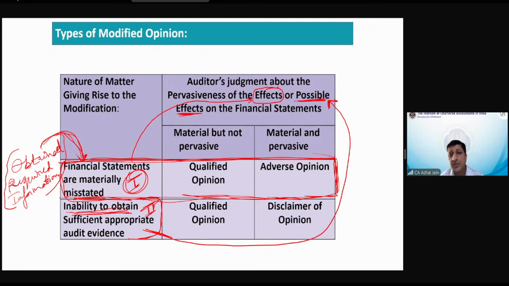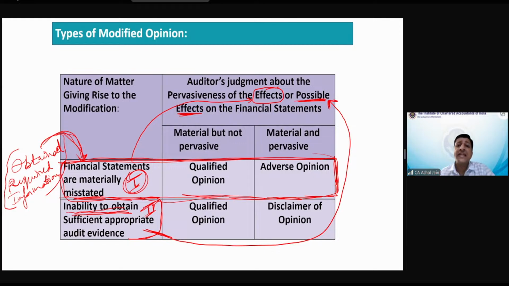The auditor has requested for the information. He has obtained the required information. He has got to the conclusion that there is a material misstatement in the financial statements, not a possible one. He is clear that there is a material misstatement in the financial statements.